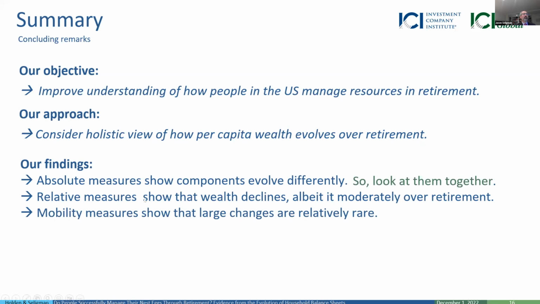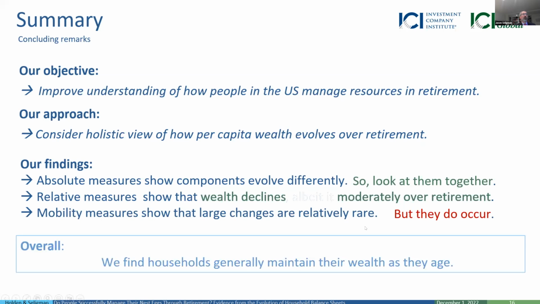We find that relative measures show that wealth declines moderately over retirement. And we find that mobility measures indicate large changes are relatively rare, but they do occur. Overall, we find that households generally maintain their wealth as they age, which is very reassuring given the concerns and dimensions that we talked about at the beginning of this program.